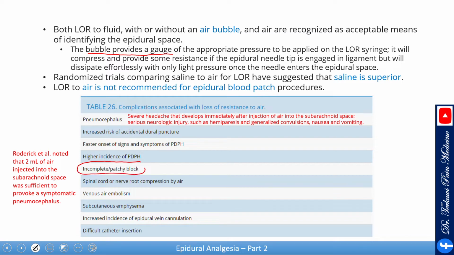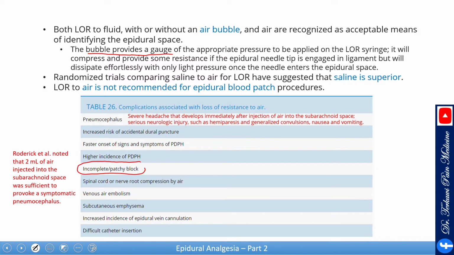I have seen this multiple times when I used to do loss of resistance with air. Spinal cord or nerve root compression by air, venous air embolism, subcutaneous emphysema, increased incidence of epidural vein cannulation, difficult catheter insertion.